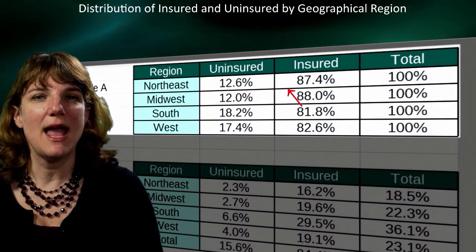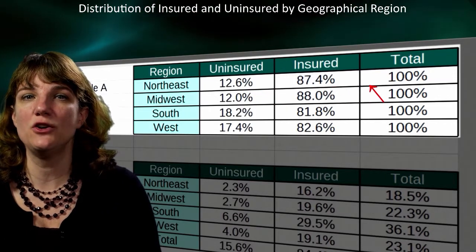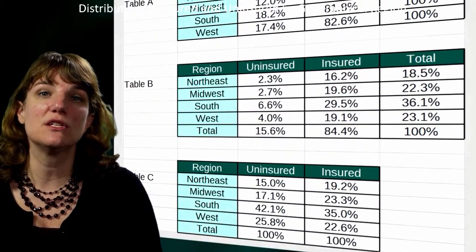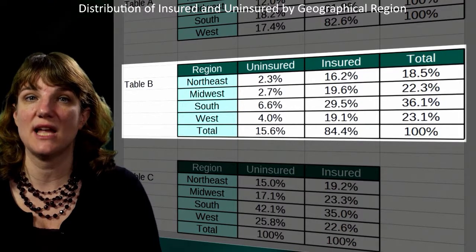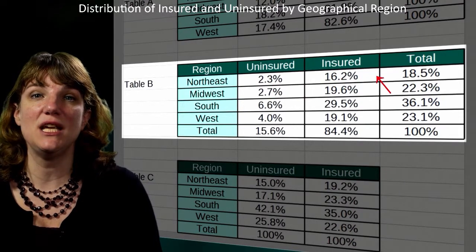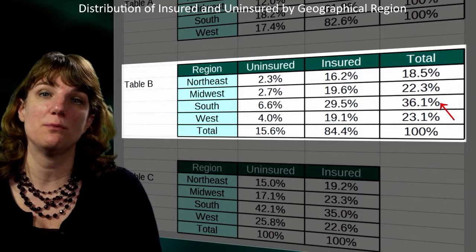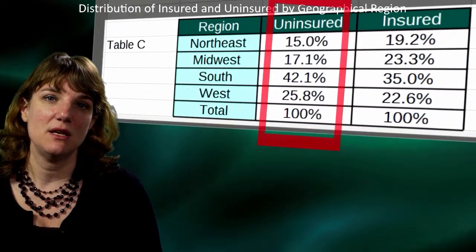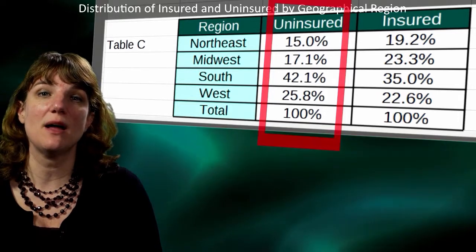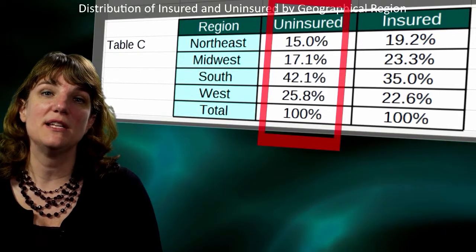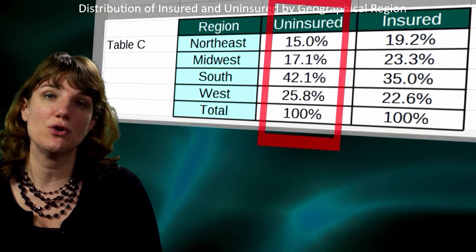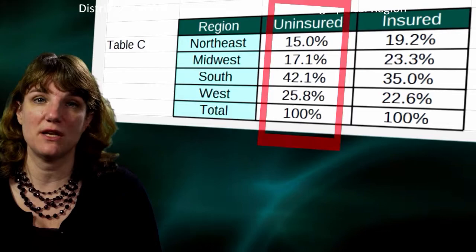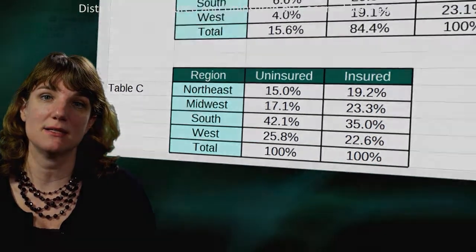As you can see, adding across the rows gives us 100% of the observations within region. Table B includes the total percent of observations in each cell. Here, the percentage in each row and column add up to 100%. Finally, Table C shows column percentages. Each cell includes the percent of observations within column, that is within groups, either insured or uninsured.